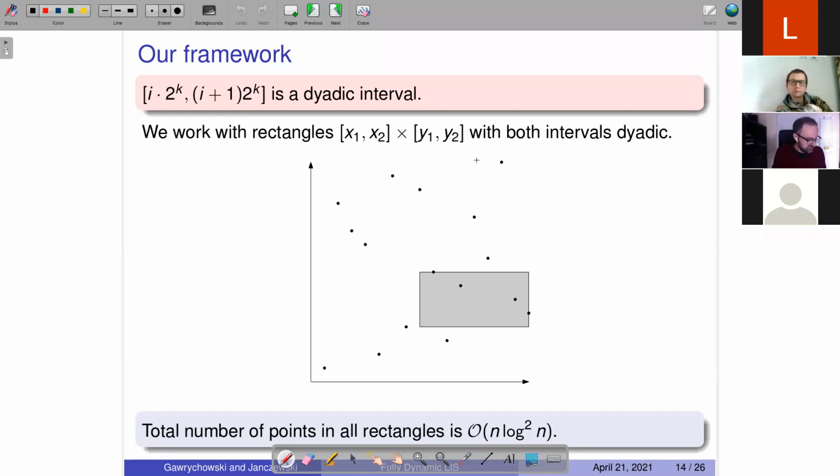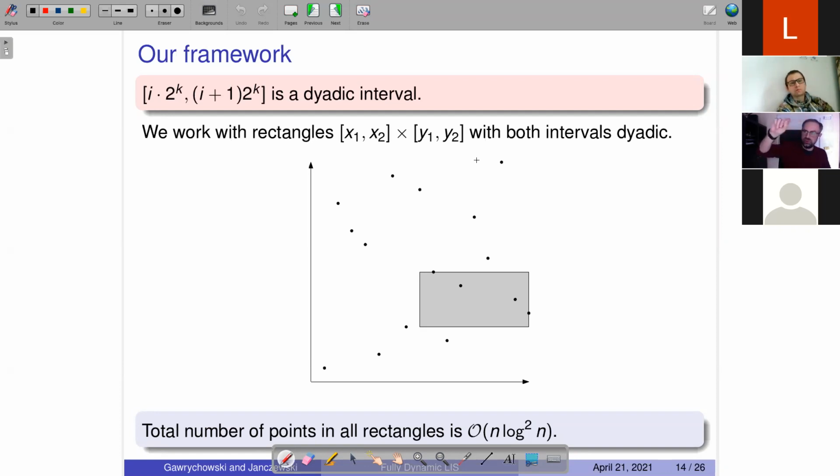And you can observe that even though there are many rectangles that are defined like that, n squared of them, because you have n ranges on the x coordinates and n ranges on the y coordinates, you only have n log squared non-empty rectangles. When you think about a single point in the set S, it belongs to log n ranges on the x coordinates and log n ranges on the y coordinates.